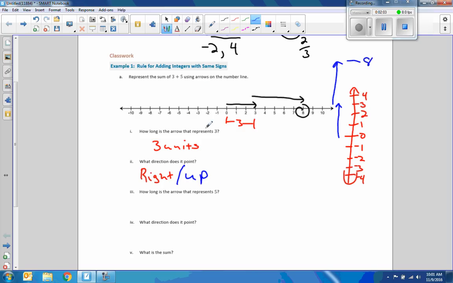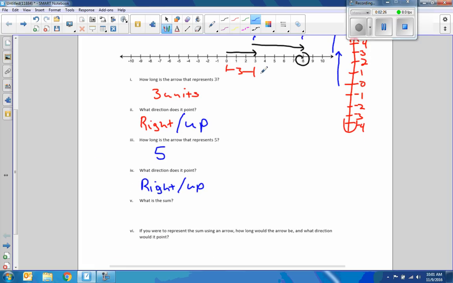How long is the arrow that represents 5? Well, the arrow that represents 5 is this arrow here, and its length is from 3 to 8, which is 5. So the length is 5, and it points to the right. Okay, or if we did it on a vertical, pointing up. What is the sum? The sum is where we ended up, which was 8.